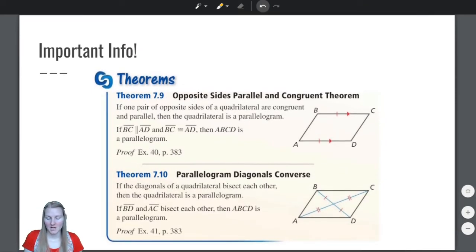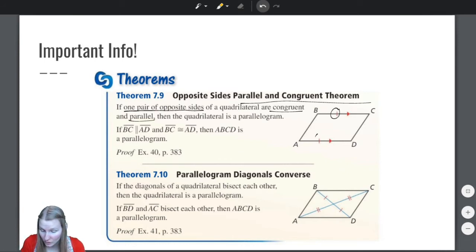So, first, the opposite sides parallel and congruent theorem. So this is not the consecutive angles converse. We don't have a consecutive angles converse. That's not necessarily true, so we don't have that theorem. But what we do have is if one pair of opposite sides is congruent and parallel.